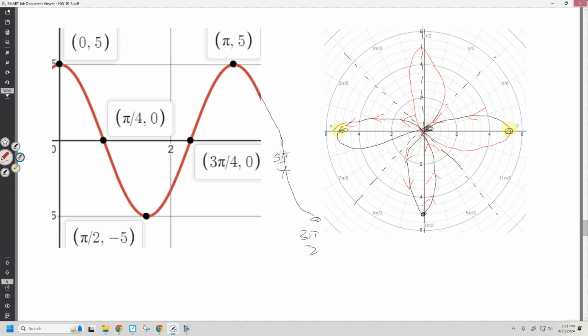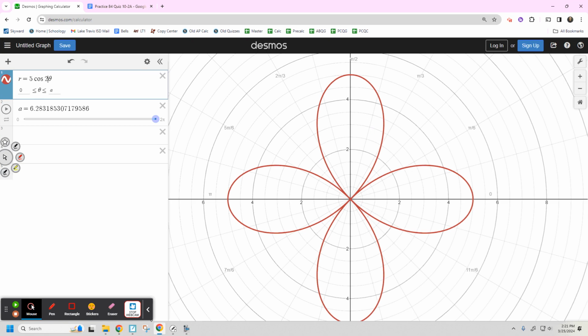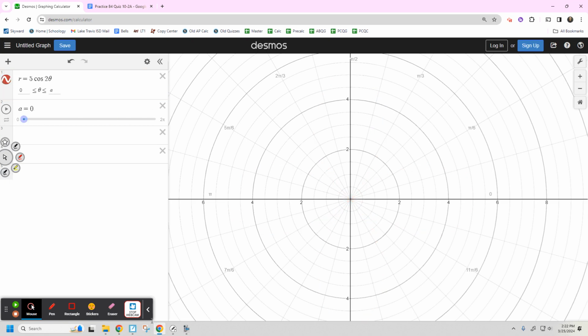Watch how the graph is created. Ready? Here we're at pi over 4. Here we're at pi over 2, negative. Here we are at 3 pi over 4, 0.